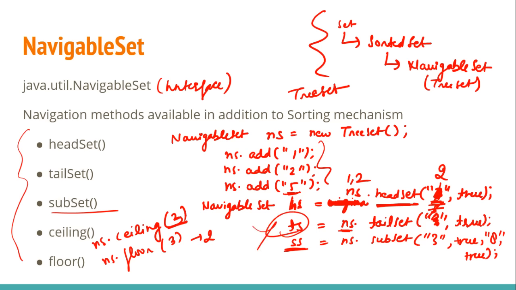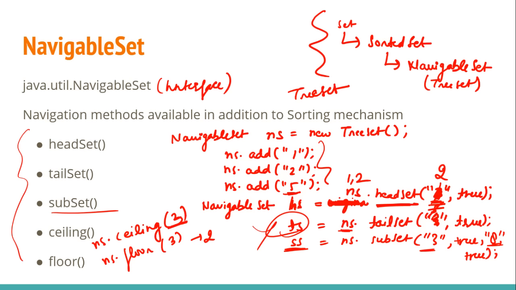3 is just a parameter. You can use any parameter you want. The idea is that head set would give you elements lower than the parameter you pass. Tail set would give you elements greater than the parameter you pass. And subset will give you elements between the two parameters that you have passed. That is the simple logic of giving 3. The 3 is just any parameter that I have given.